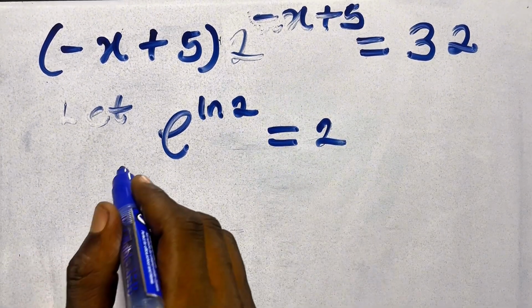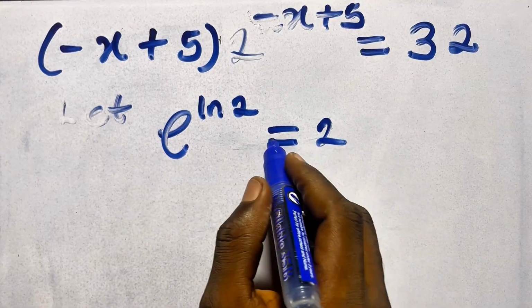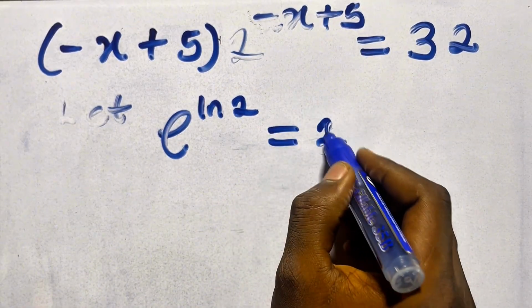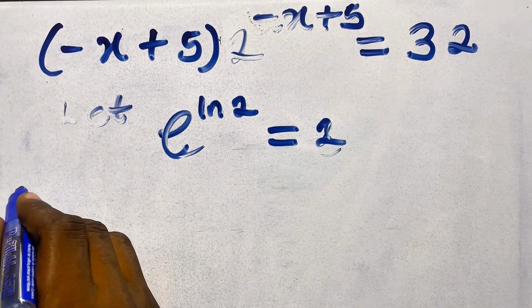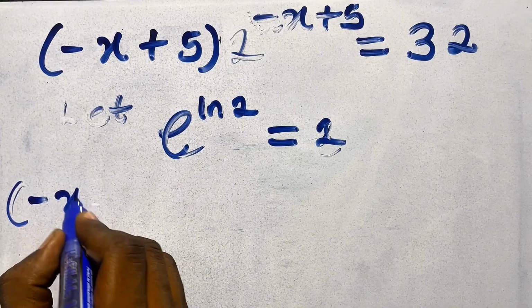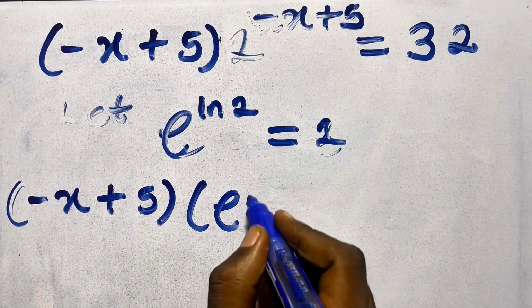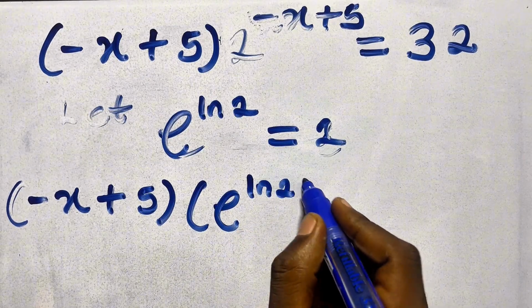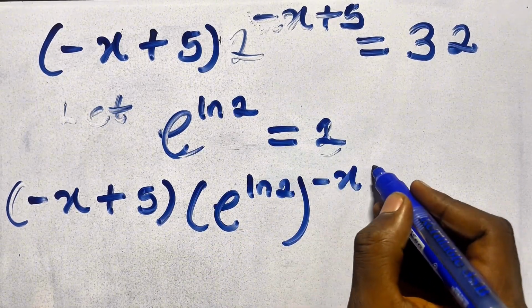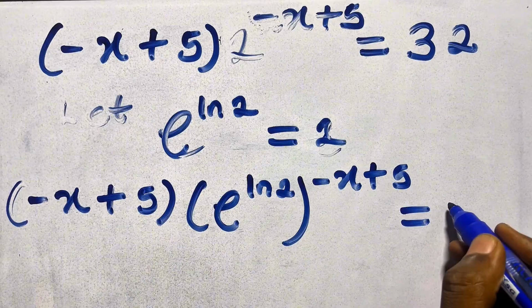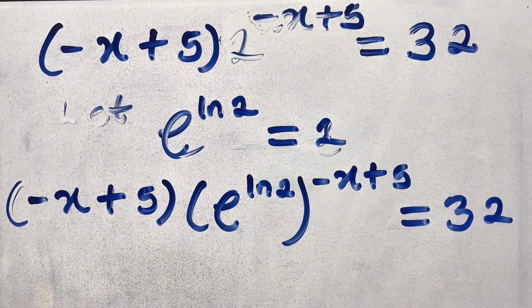So if you introduce this, let's replace 2 with this. We have minus x plus 5, then exponential ln 2 raised to the power minus x plus 5 equals 32.